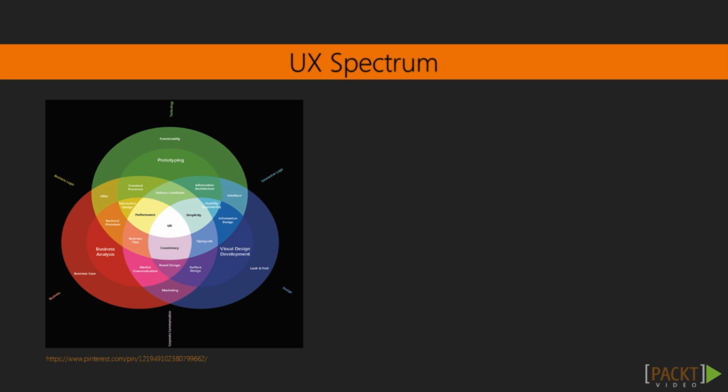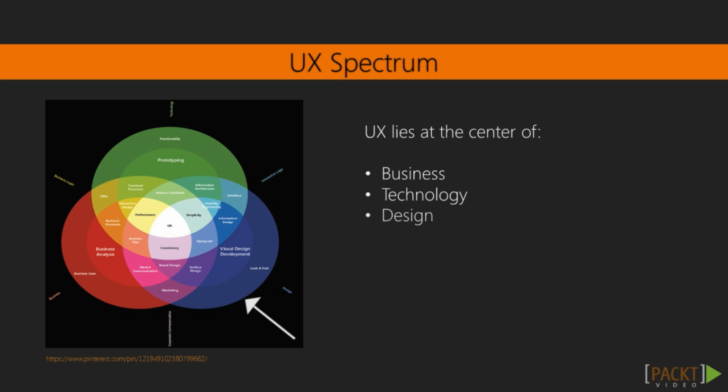So let's get going. Take a look at this diagram. As you can see, user experience lies at the center of a large number of skills, technical prowess, and educational skills, and is formed from the intersection of three main entities: business in the red, technology in the green, and design in the blue.